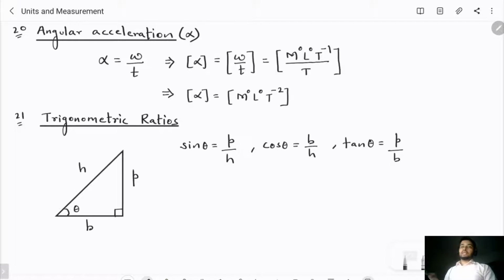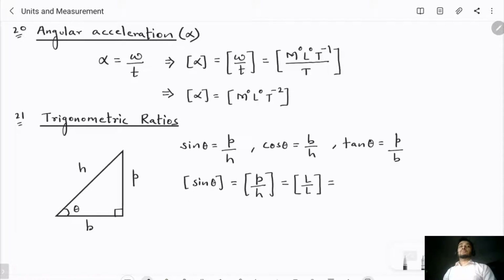So if you find the dimensional formula for any one of them, suppose I find the dimensional formula for sine theta, you can see it is the ratio of the length of the perpendicular side and the length of the hypotenuse side. So both have the dimensions L, which is basically a dimensionless quantity.